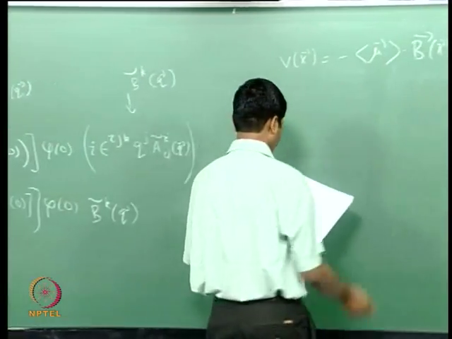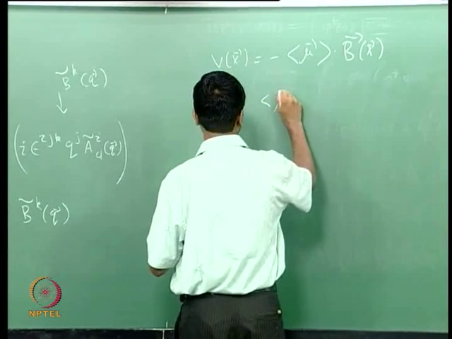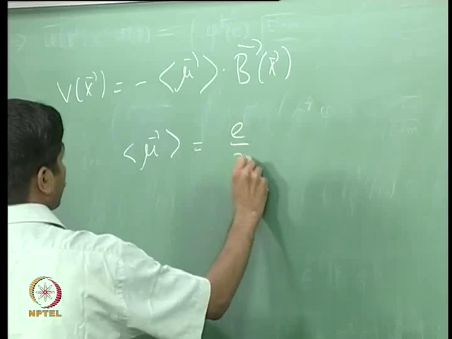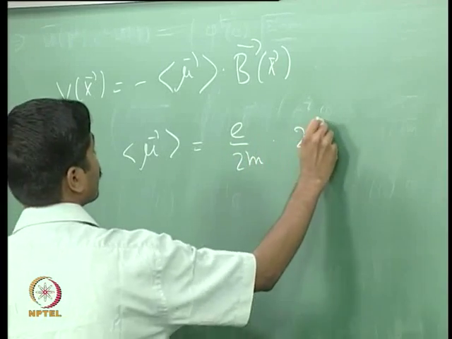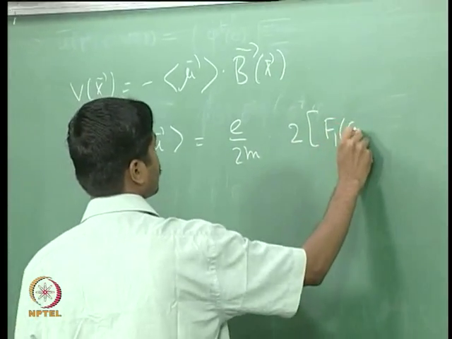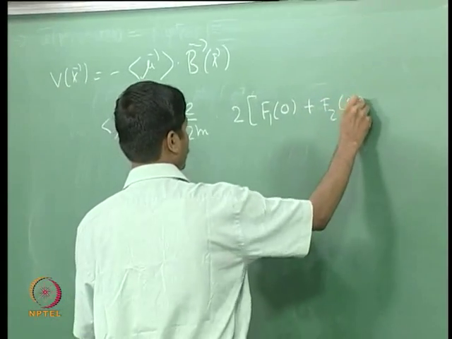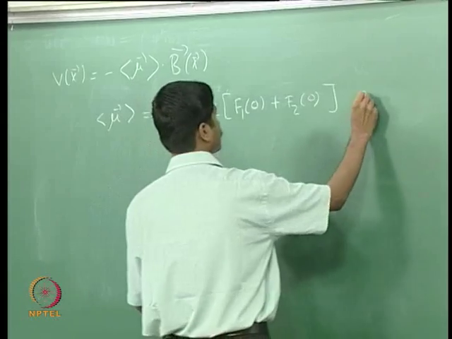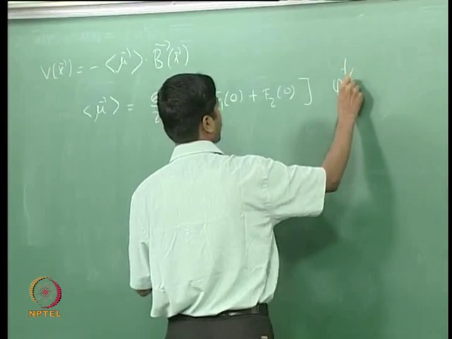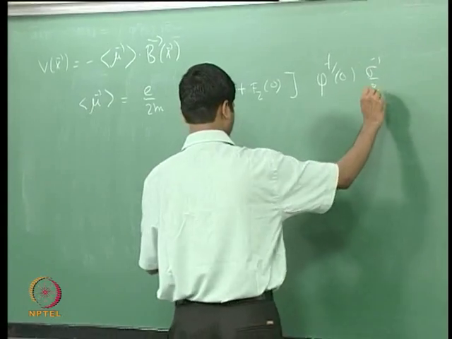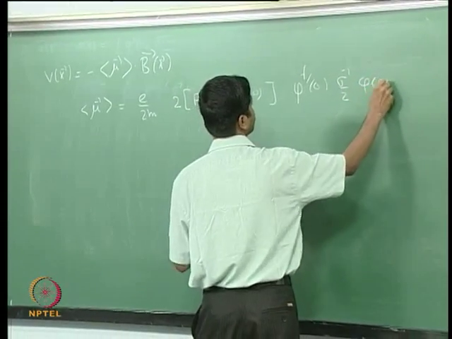Here mu is just E over 2m times twice f1 of 0 plus f2 of 0, phi dagger prime of 0 sigma over 2 phi of 0.